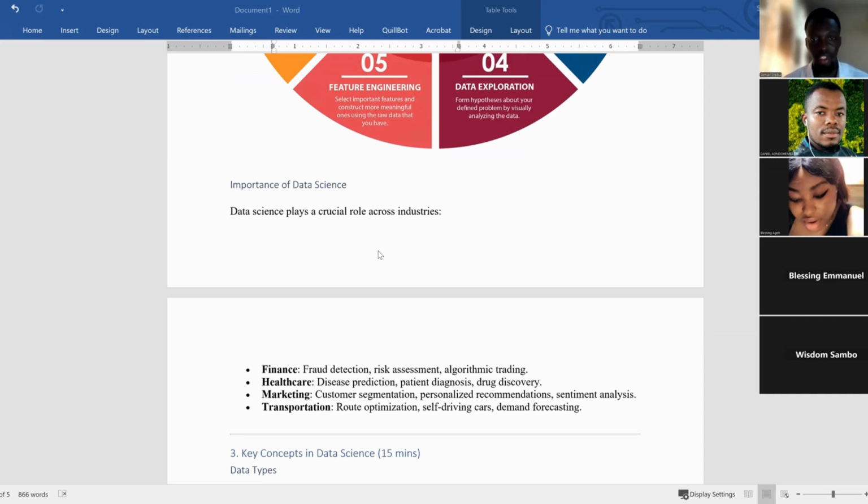So look at finance now, fraud detection. I've worked on a similar project like that. Lots of fraud detection, and risk assessment. They sound very interesting, right?